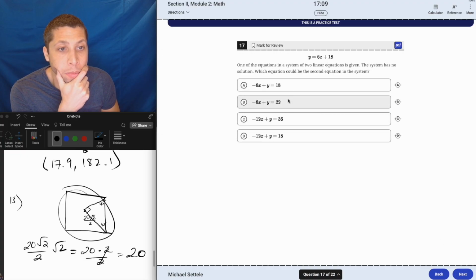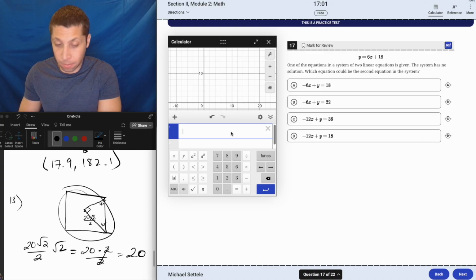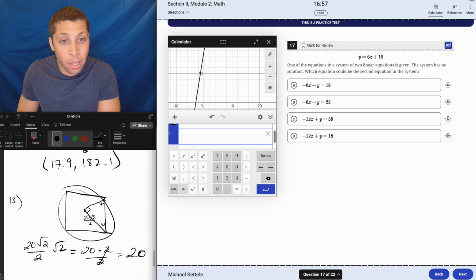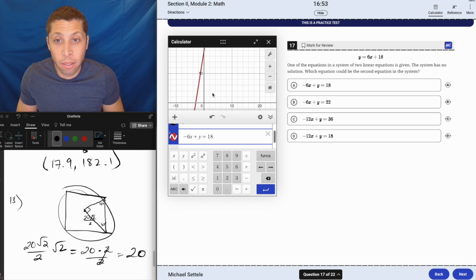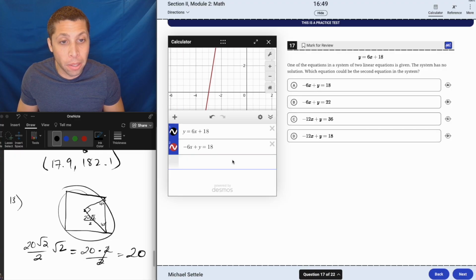Which of the following systems has no solution? Just graph it. Y equals 6x plus 18. Negative 6x plus y equals 18. Those have infinitely many solutions, it looks like. So that's probably not it.